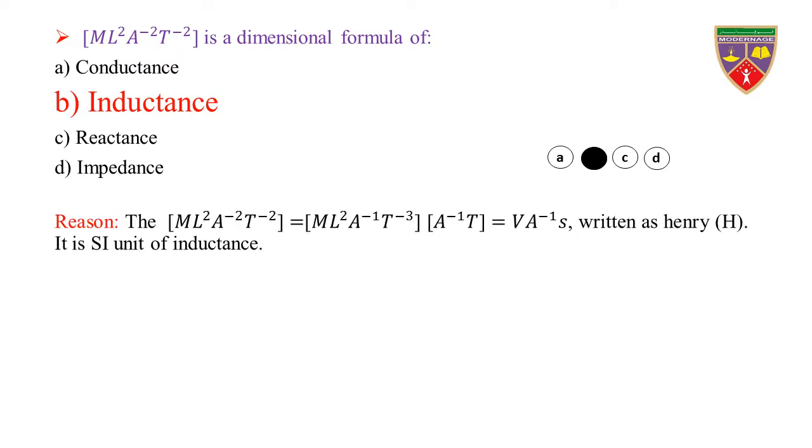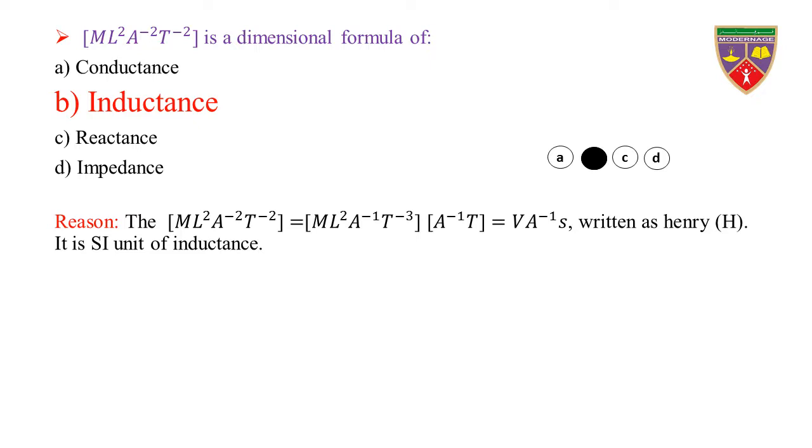Reason: [M L power 2, A power minus 2, T power minus 2] is equal to [M L power 2, A power minus 1, T power minus 3] into [A power minus 1] T, which is equal to volt second per ampere, written as H and known as the Henry.